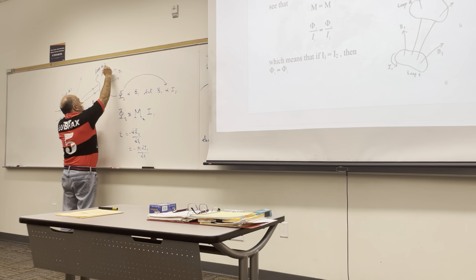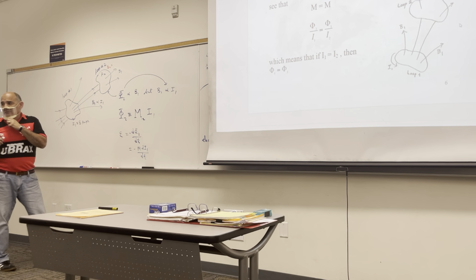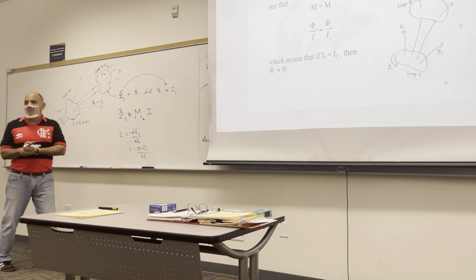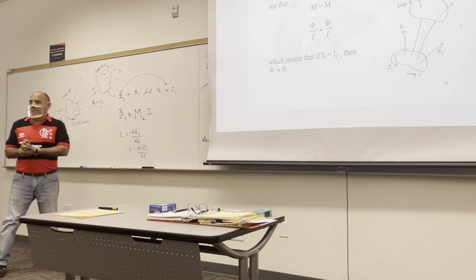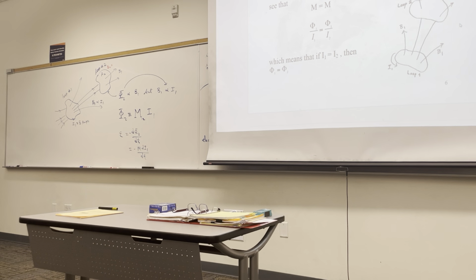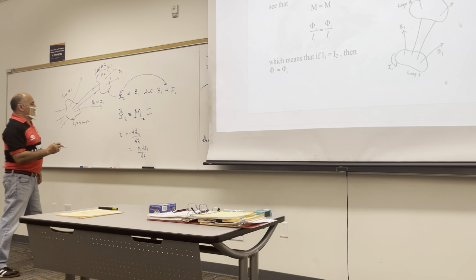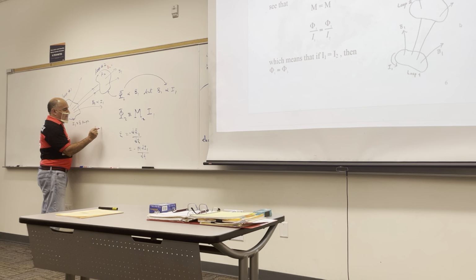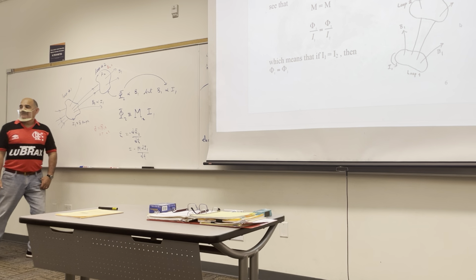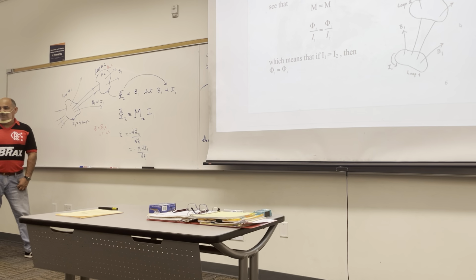Suppose that you calculate the magnetic flux through this loop. What are the units of magnetic flux? Magnetic flux is a magnetic field times an area, so it's Tesla meter squared.